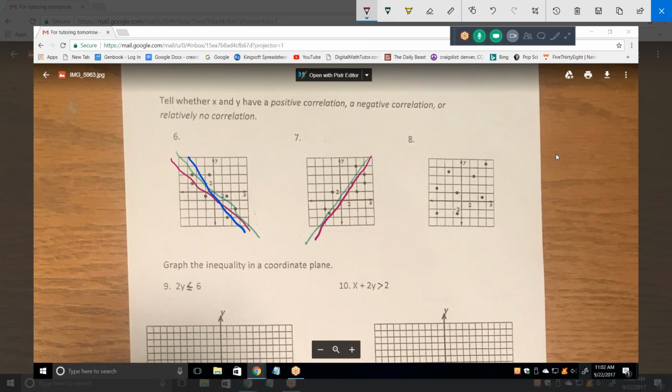And if I wanted a third possibility, that could be it. Okay? Would that be a positive correlation? That is a positive correlation. Clearly, as the x values increase, the y values increase.